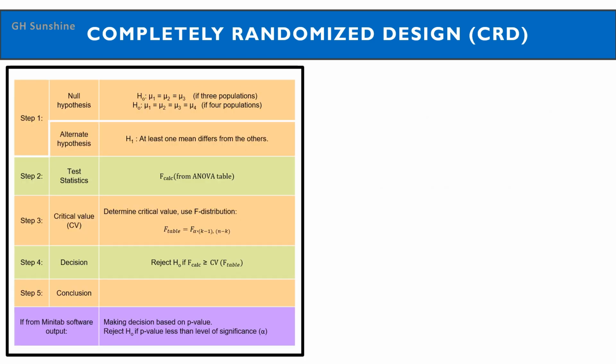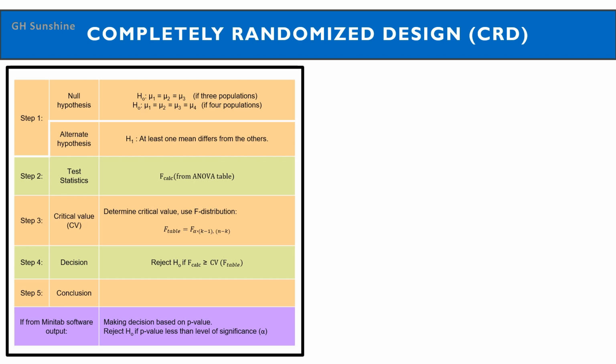Okay, so now we proceed to how to conduct a hypothesis testing of CRD. There are 5 steps of hypothesis testing for CRD. First step, perform the hypothesis, null hypothesis and alternate hypothesis.